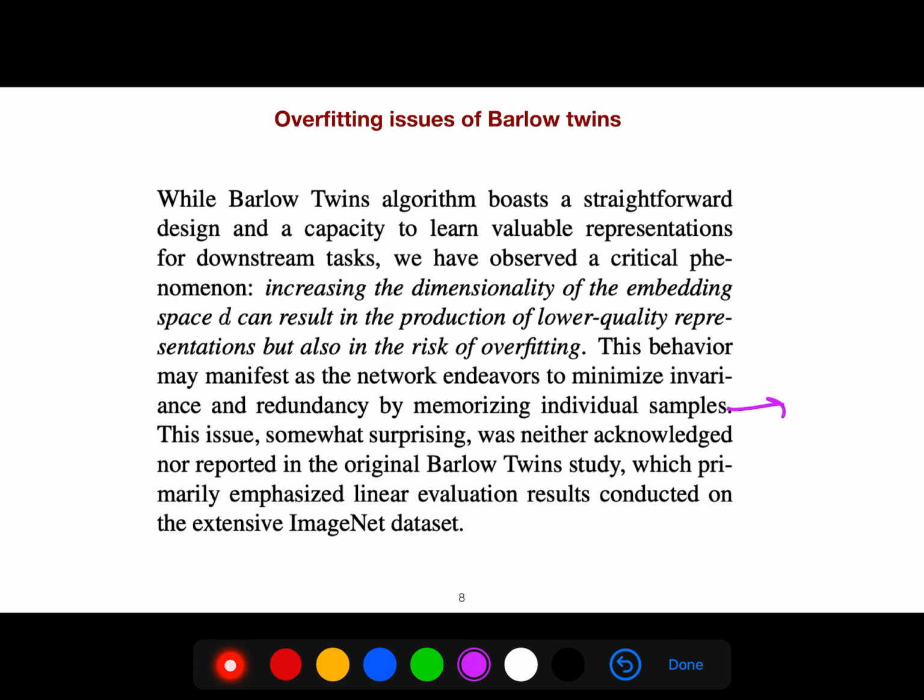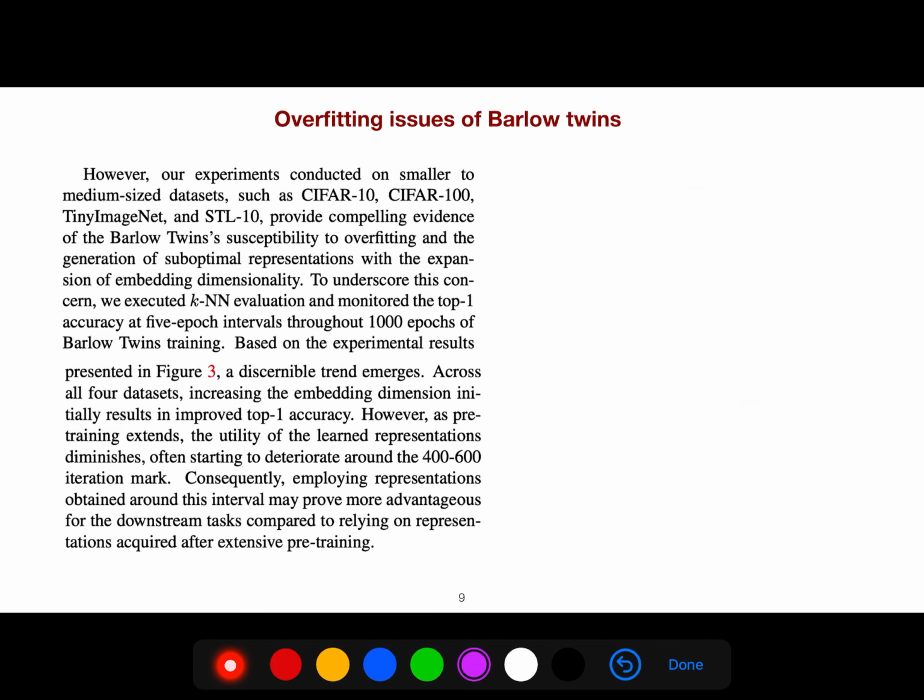This issue, somewhat surprisingly, was neither acknowledged nor reported in the original Barlow Twins study, which primarily emphasized linear evaluation results conducted on the extensive ImageNet dataset.